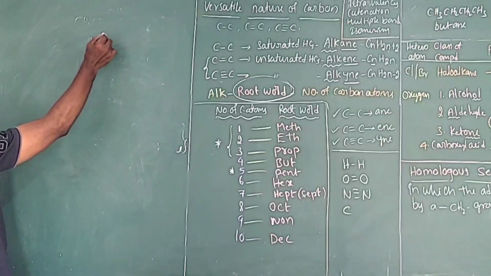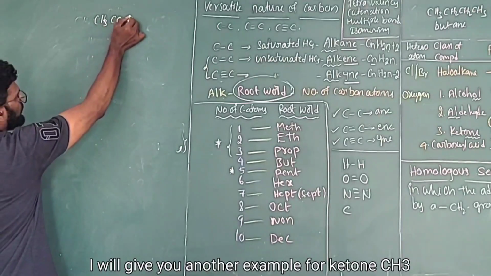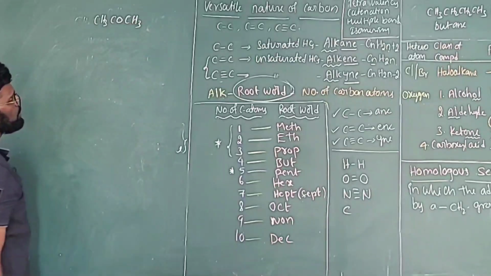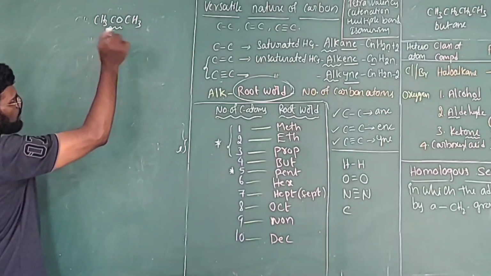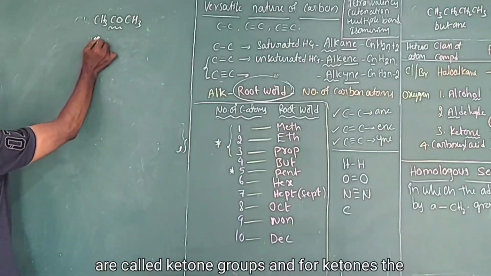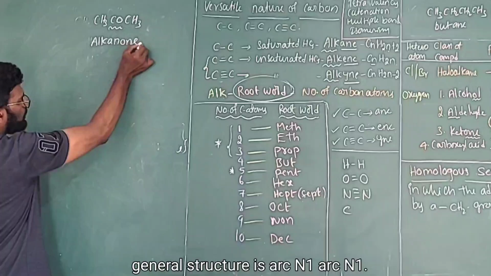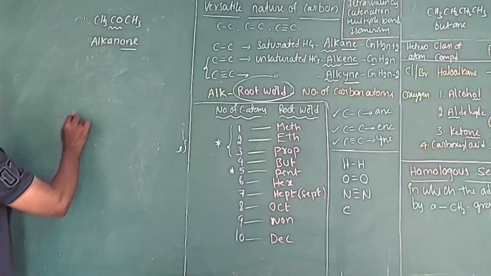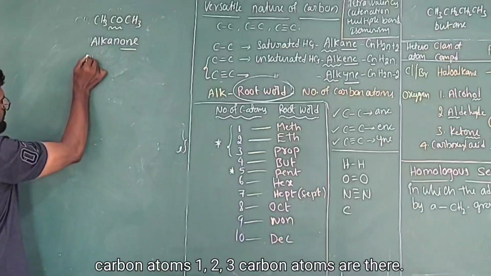Next, ketones. I'll give only one example for ketone. CH3COCH3. Here in between CO is there. Such compounds are called ketone groups, and for ketones the general structure is alkanone. So in the place of alk, you put the number of carbon atoms, 1, 2, 3 carbon atoms are there.